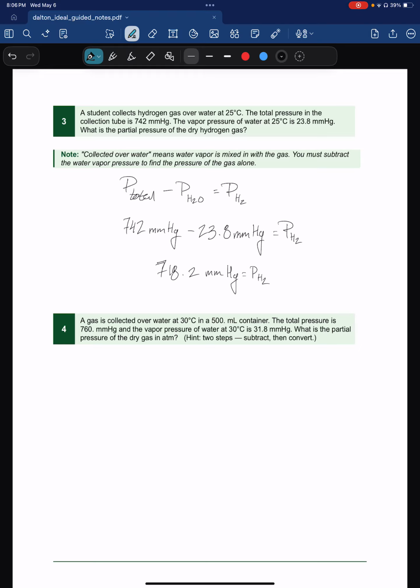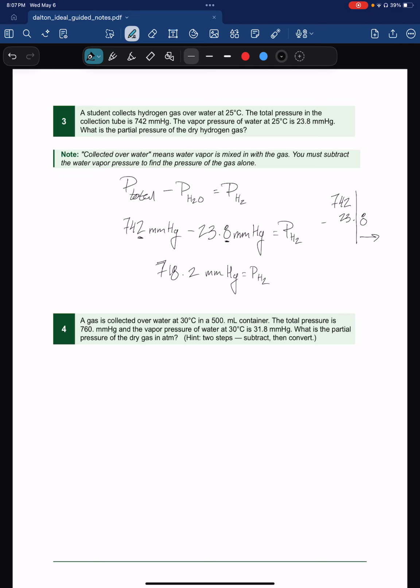It's significant figures. So remember, when you're doing addition and subtraction, you can only go to the most precise place value of the least precise number. So you have to look, where do the place values go? Here, this number only goes down to the ones place. Here, this one goes down to the tenths place. That means that if I were to rearrange this, I'd have something like 742 minus 23.8.